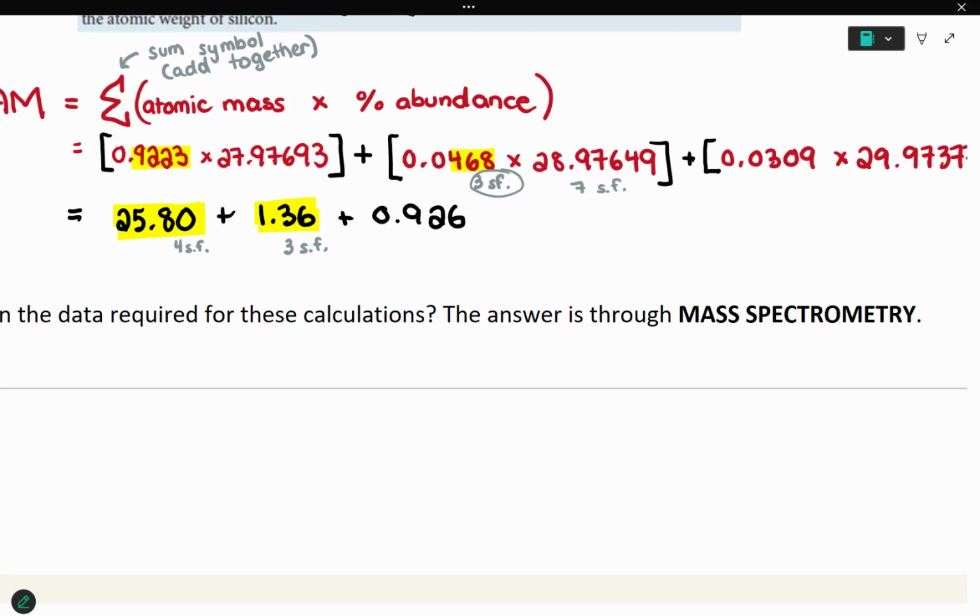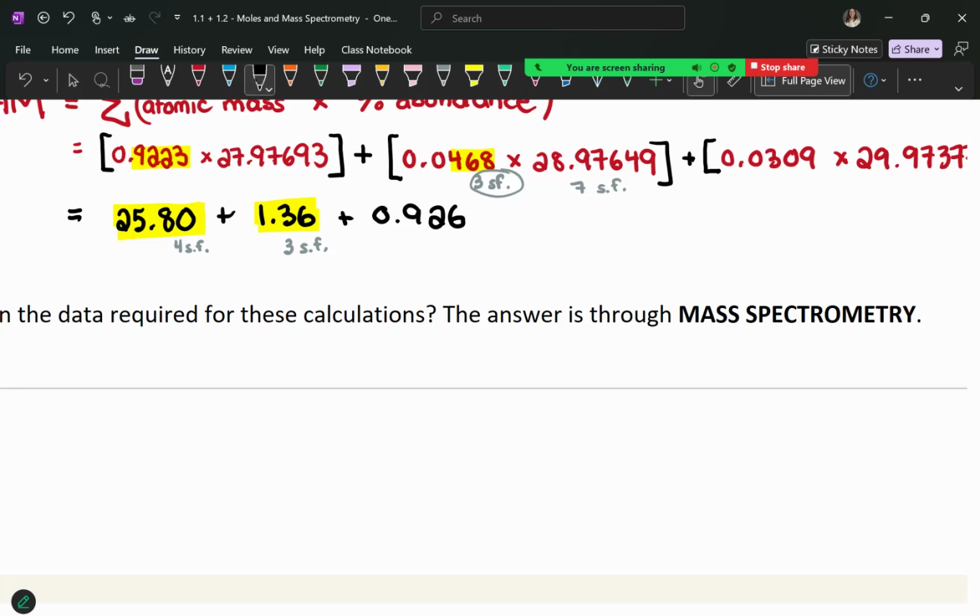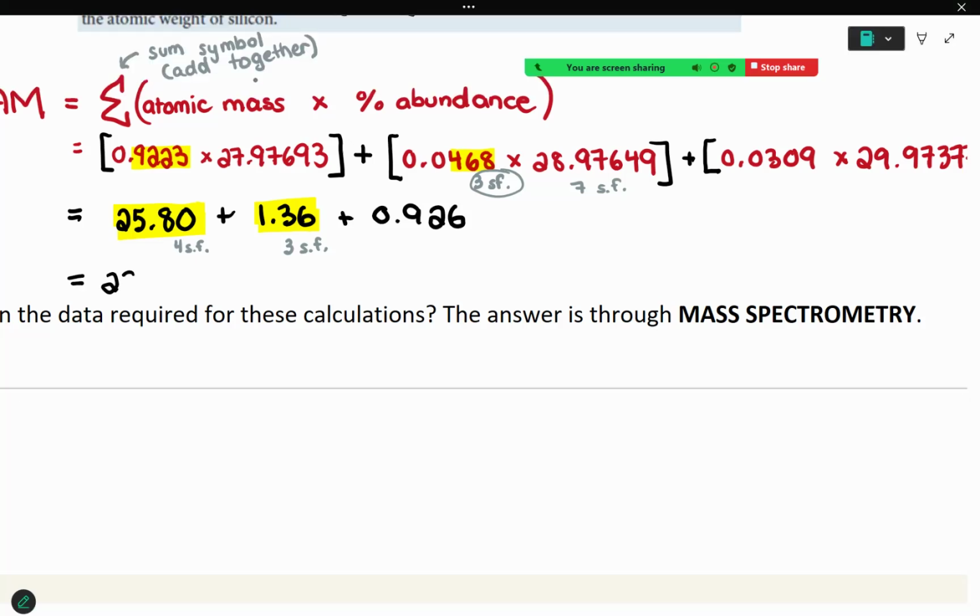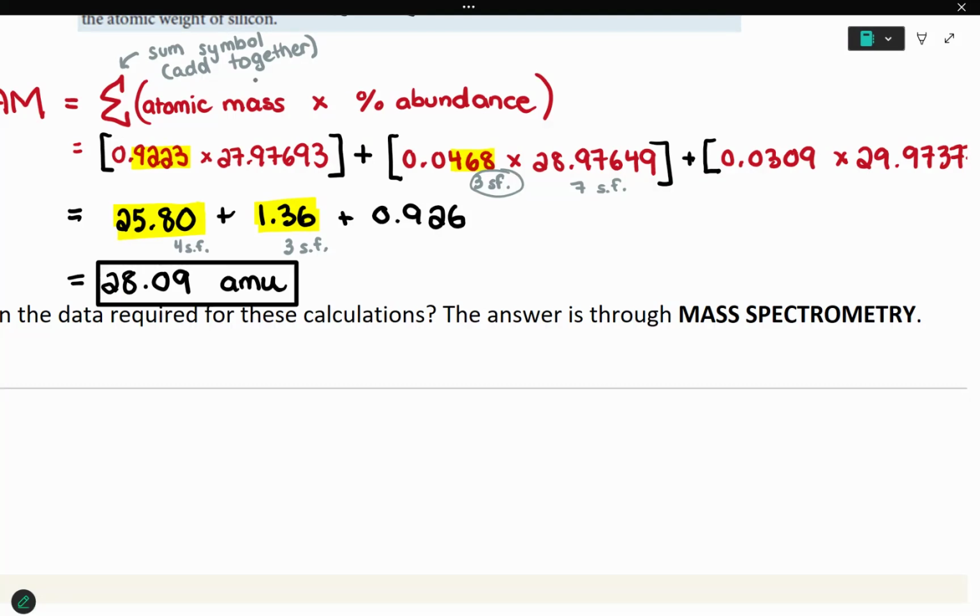This has 2 decimal places, 2 decimal places, and then 3 decimal places. So when you add these values up, you round it to 2 decimal places, which is going to be 28.09 AMU. And that's your final answer.